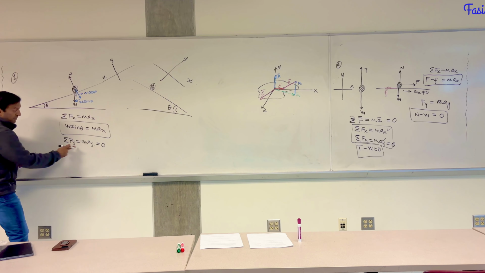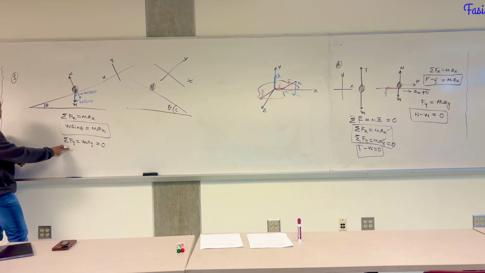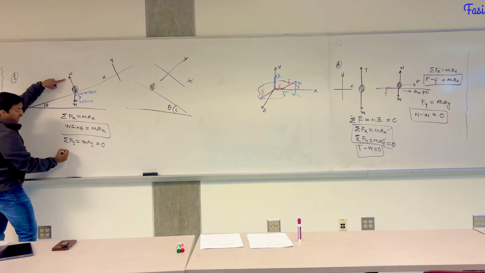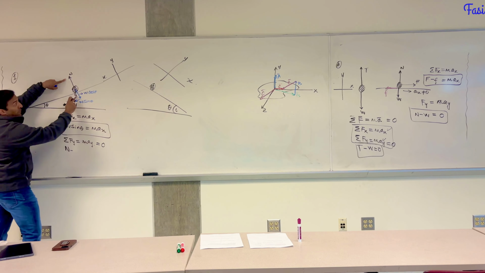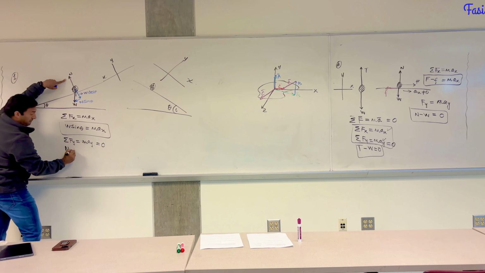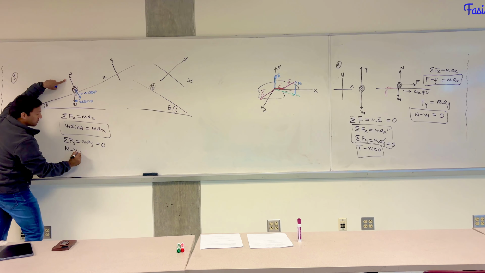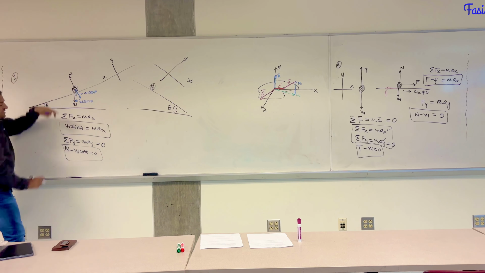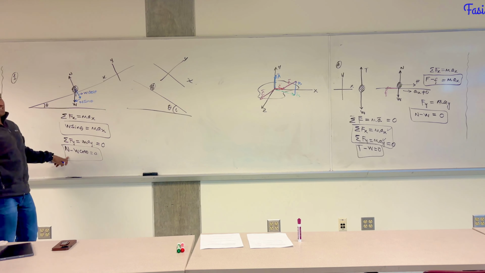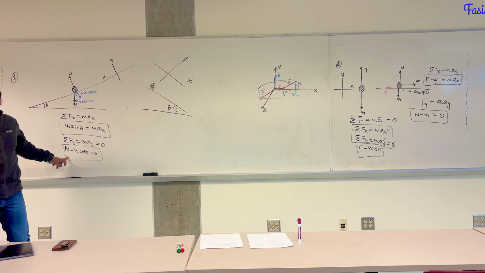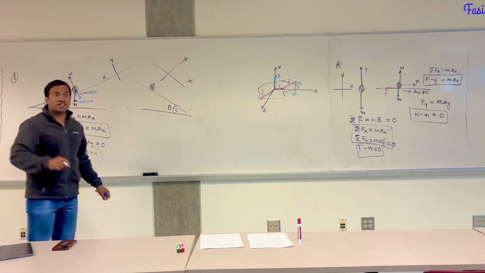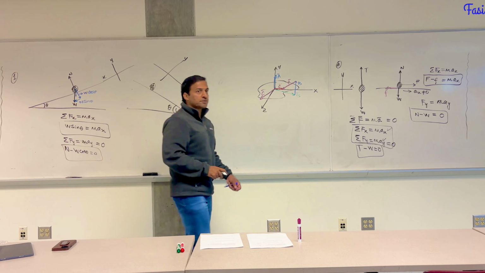And if ay is 0, on the left side we should have 0, and we immediately see that the normal force is along the positive y-axis, so normal force minus this component of weight, which is w cosine theta, gives us 0. So you see this is different. In that case we had normal force minus entire weight equals 0, but in this case it's not the entire weight, it's some component of weight which is balancing the normal force.